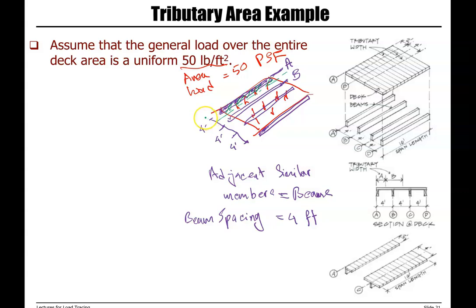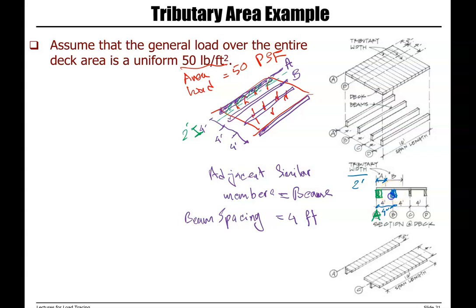And tributary width for A is half of the distance between A and B, which is 2 feet. So again, this is beam A, and the only adjacent member to beam A is beam B. The distance between the two is 4 feet, so half of that distance is 2 feet. So tributary width for beam A is 2 feet.